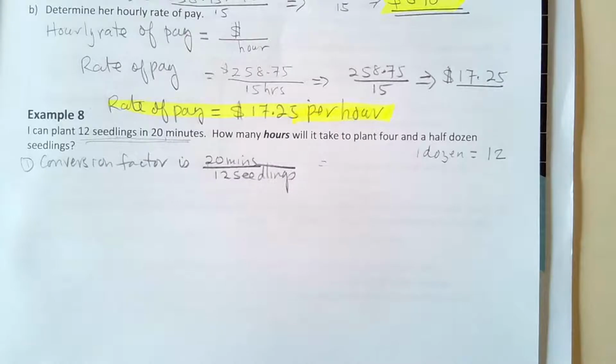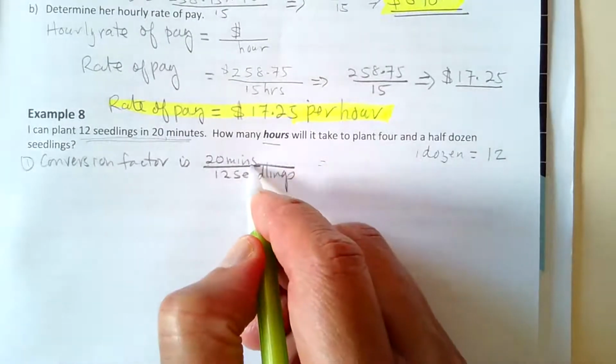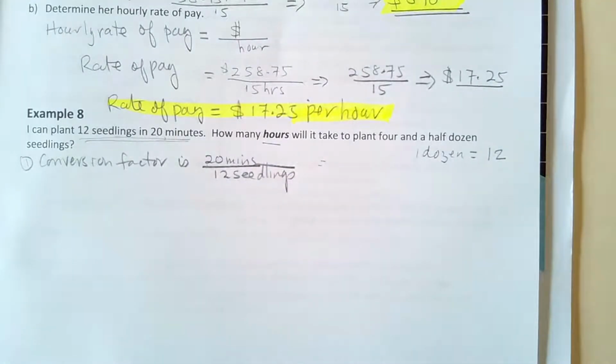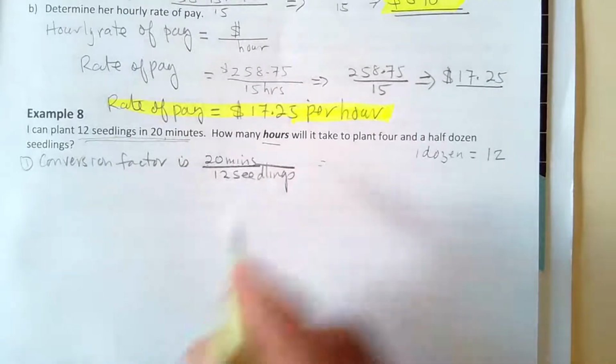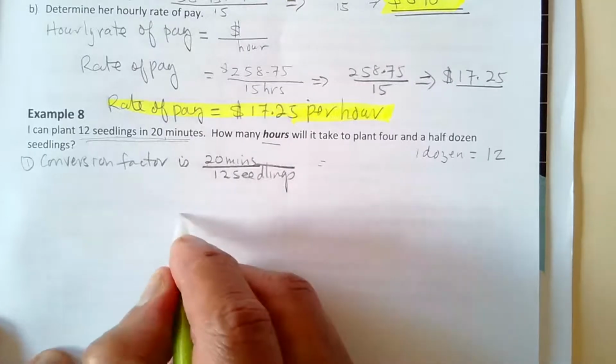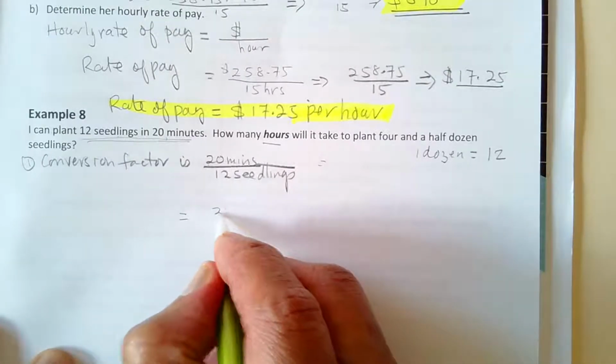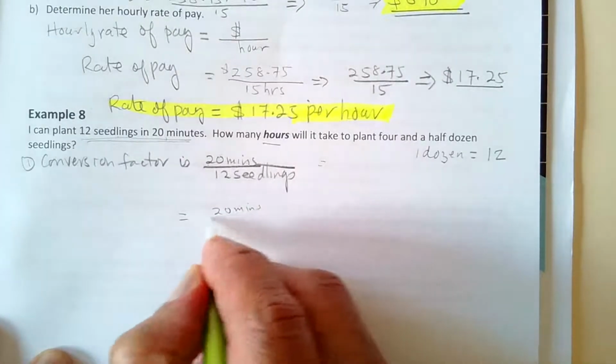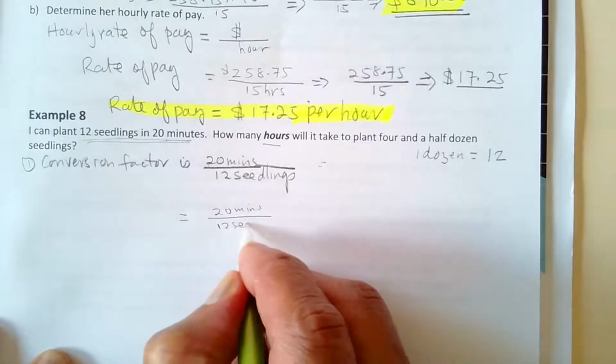Now, how many hours? Now we're working in minutes here, so we'll find it first in minutes, and then we convert our minutes to hours. Now, conversion factor now is 20 minutes, 12 seedlings.